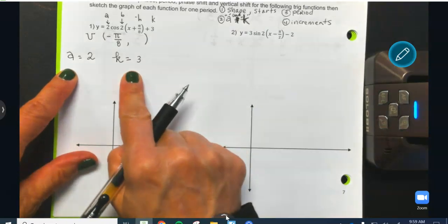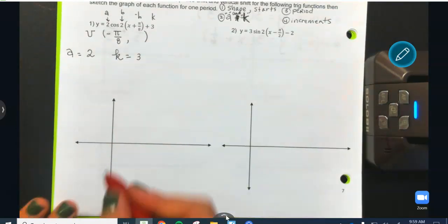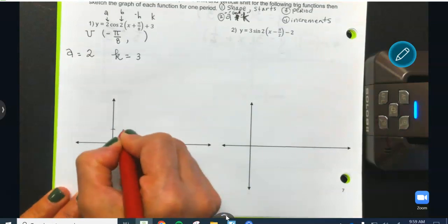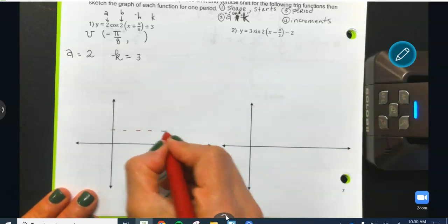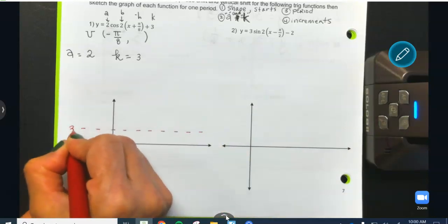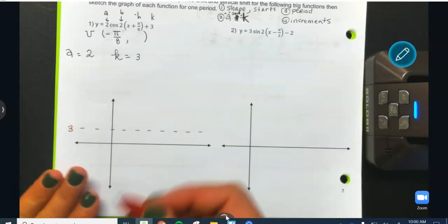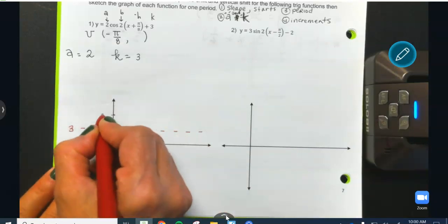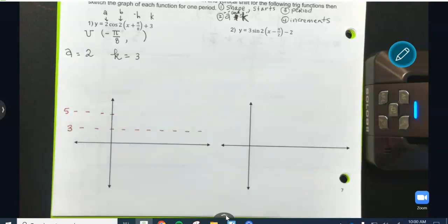Let's draw a dashed line at the positive 3. Three is right here. This is the middle, the vertical shift, 3 places up. If we have an amplitude of 2, that's 2 places up, 2 places down. So the highest this wave is ever going to get is a 5, 3 plus 2.